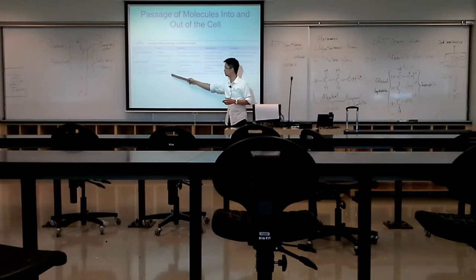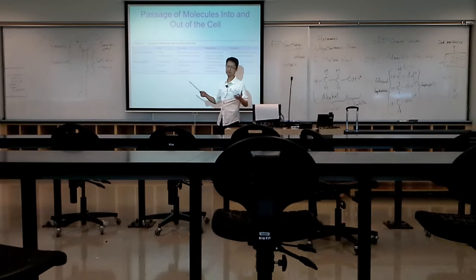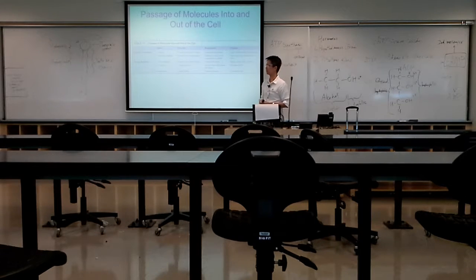And then endocytosis. Endo means inside. So that means it's a process. Exocytosis is like a process. Cyto is like a cell. Endo means inside. That means it's a process of a cell that takes things inside. So the direction is from outside to the inside of the cell. Again, it is by vesicle formation, macromolecule.